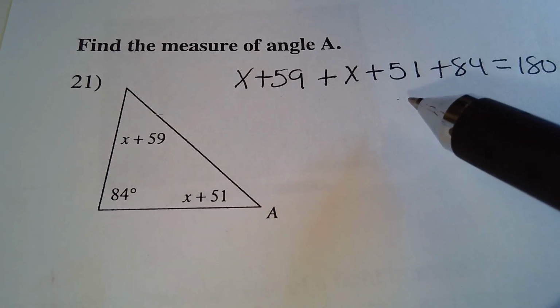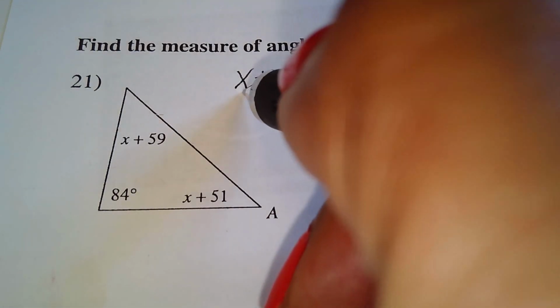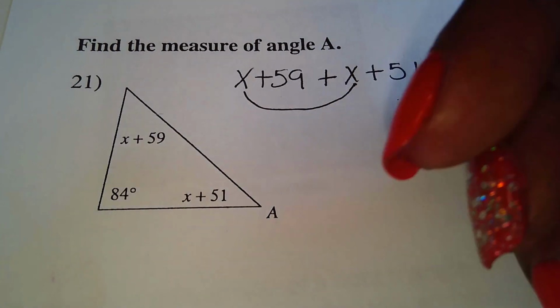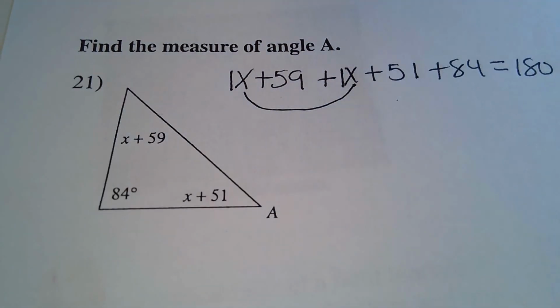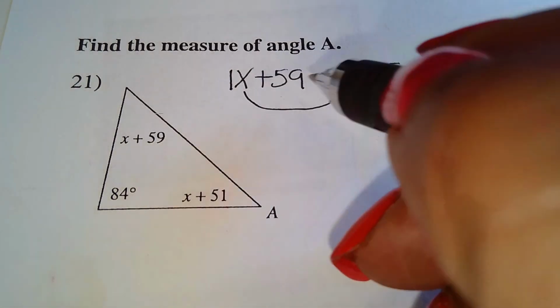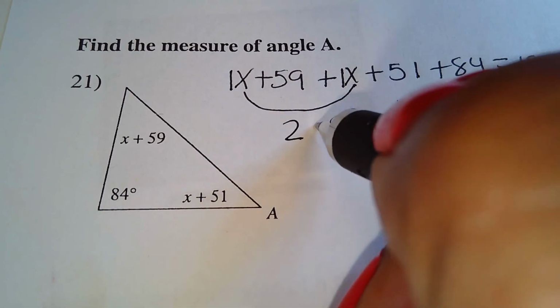Now you're going to need to combine your like terms. In this case, my like terms obviously are my x and x. Remember that if you don't have a coefficient in front of your x, it's automatically 1. And you can go ahead and put it there as a reminder. So 1x plus 1x simplifies to 2x.